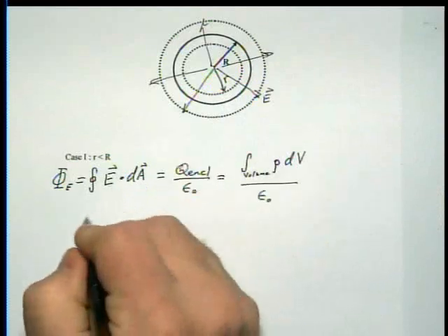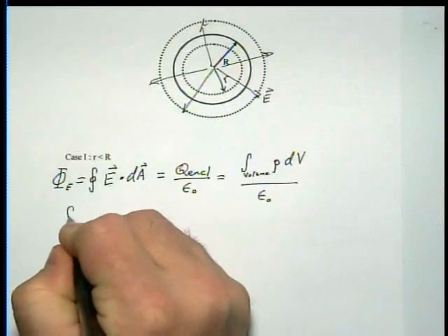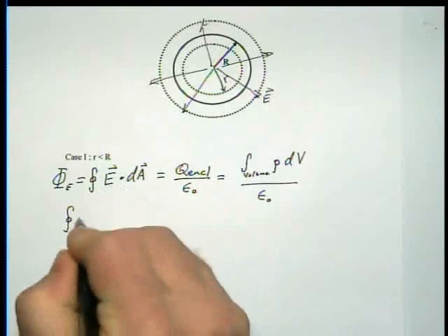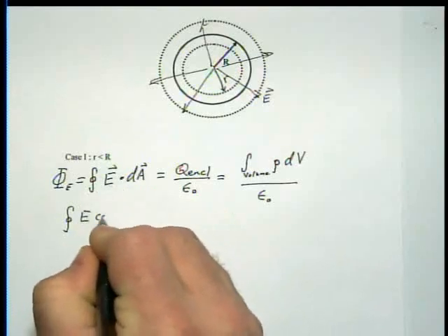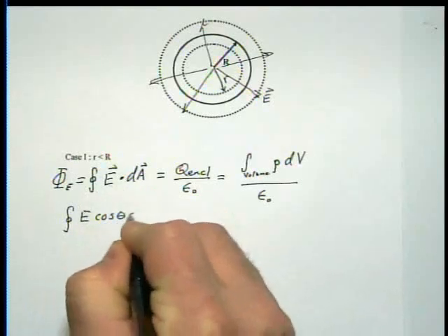Now, let me go one more step to show why I want to do that. E dot dA, that's E cosine of theta dA.